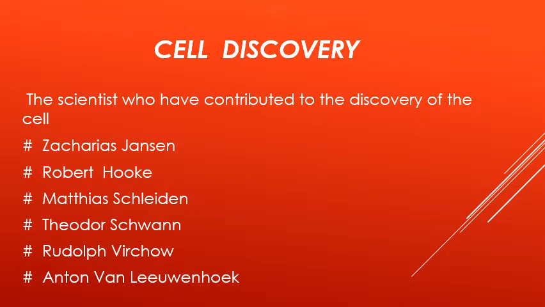Which country does he belong to? Later on we will reveal this, but guess where the scientist was from. Matthias Schleiden. Then Theodore Schwann. I repeat it once again, but remember you have to repeat it again and again. Theodore Schwann.